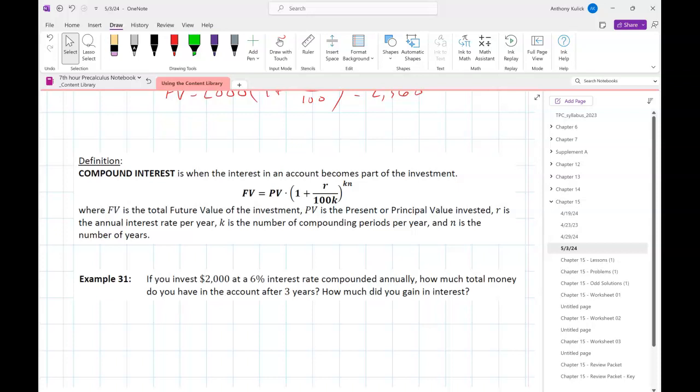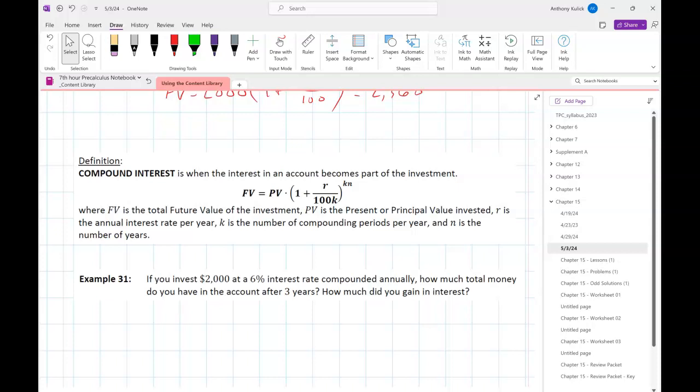The second year, you're going to get 5% of $105 as your interest. The third year, you'll get 5% of, again, whatever the account value is, $110 and some cents or something. Everybody okay with this idea?